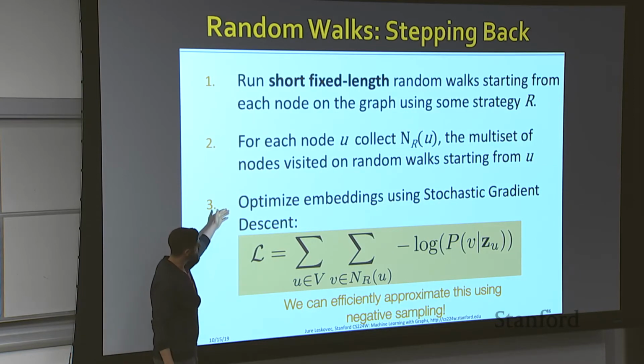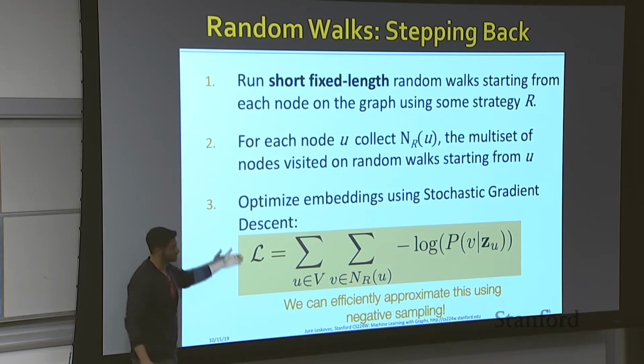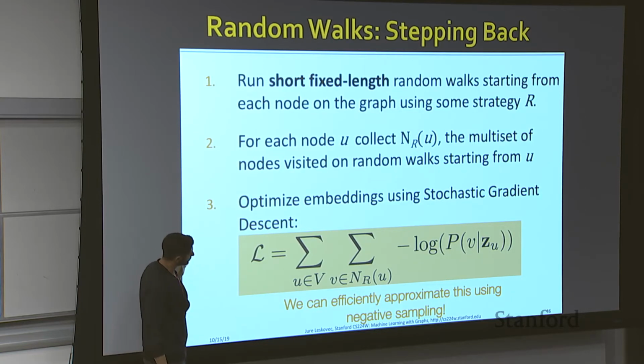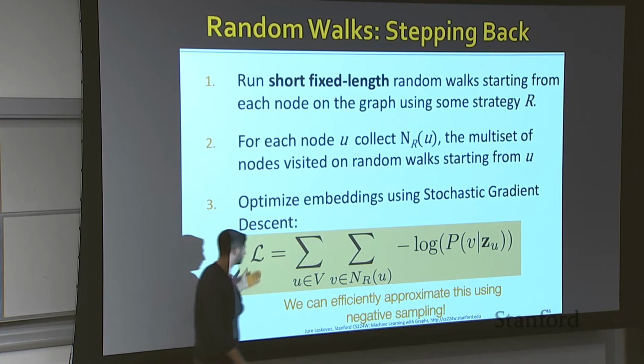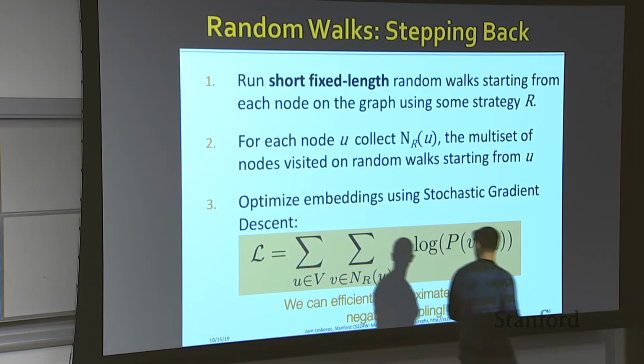And then we're going to be optimizing our embeddings, given our loss function. Clearly, this is a non-convex function, so we can use basically the same kind of tools that you have been using in all your other machine learning courses and projects. We're going to be using stochastic gradient descent, okay? So we're going to be trying to minimize the loss.